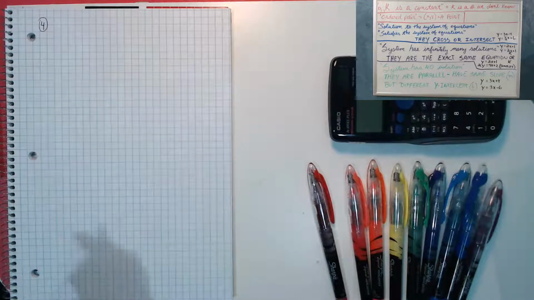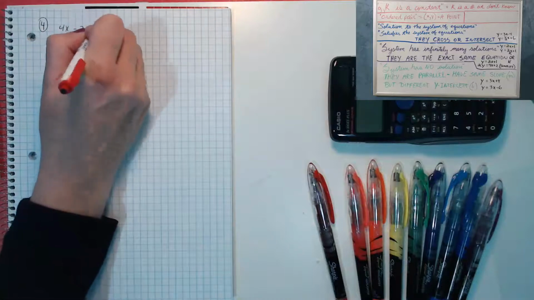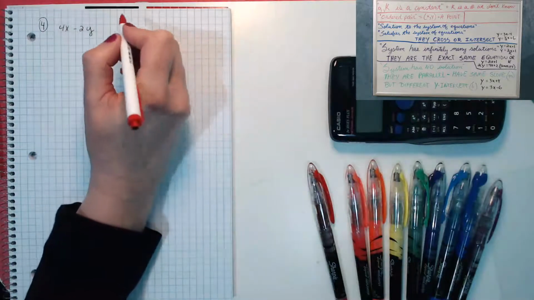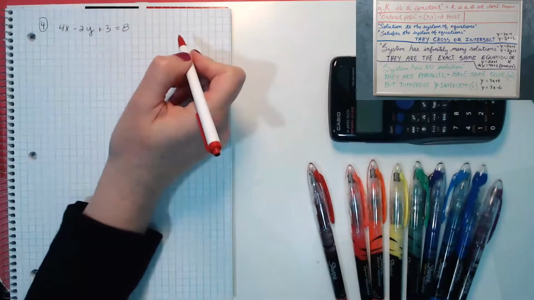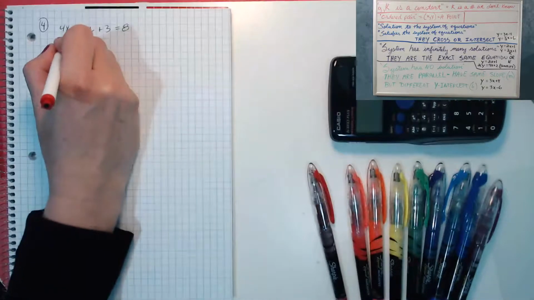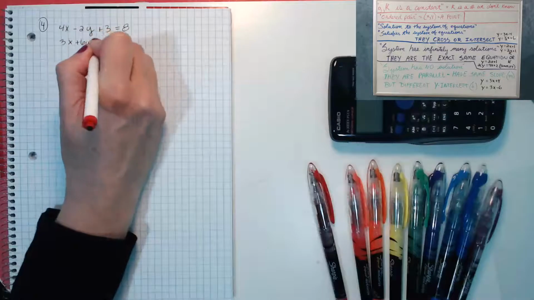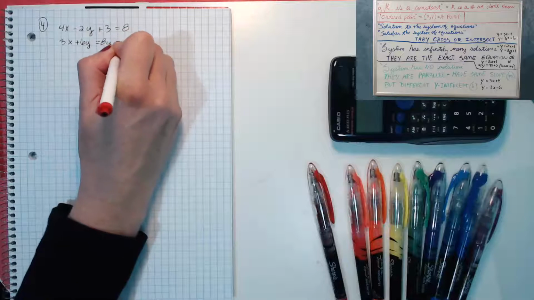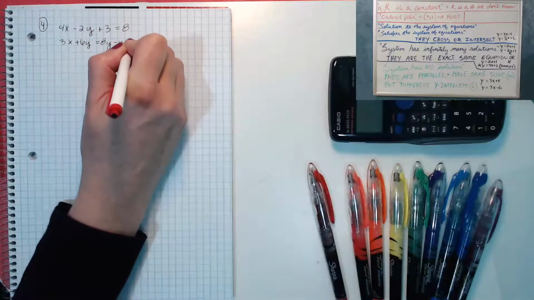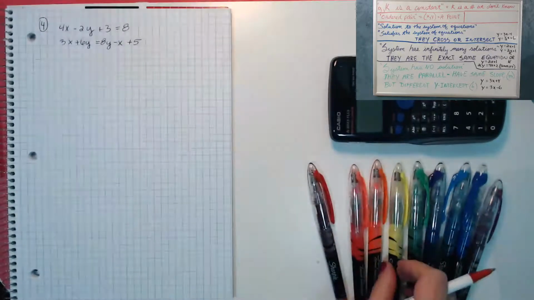So we have 4x minus 2y plus 3 equals 8. 3x plus 6y equals 8y minus x plus 5. Okay.